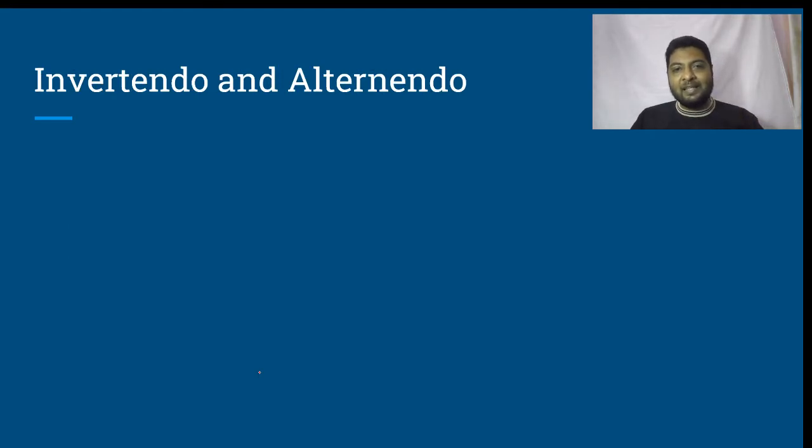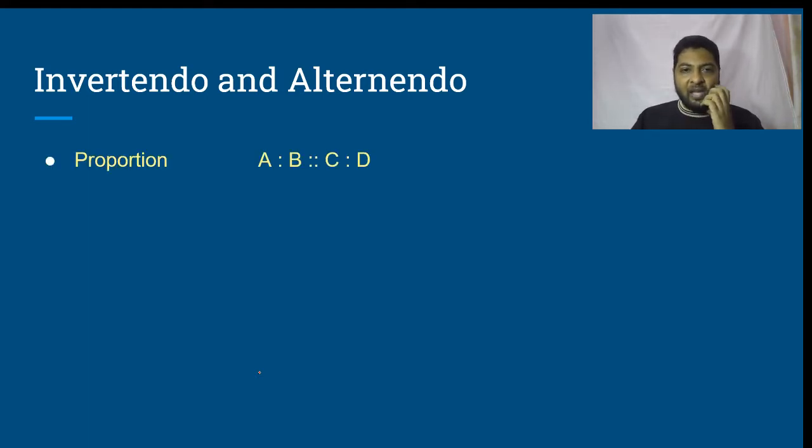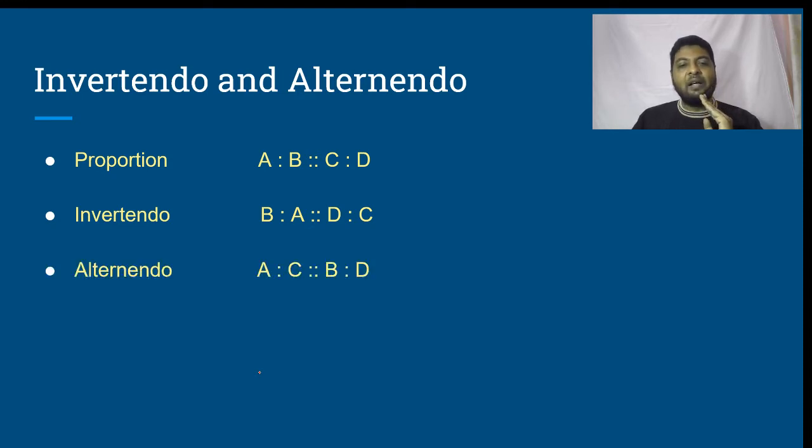Next, let us understand what we mean by invertendo and alternando. If A is to B as C is to D, if this is a proportion, then the invertendo is B is to A as D is to C. That is taking the reciprocal on both left hand side and right hand side.